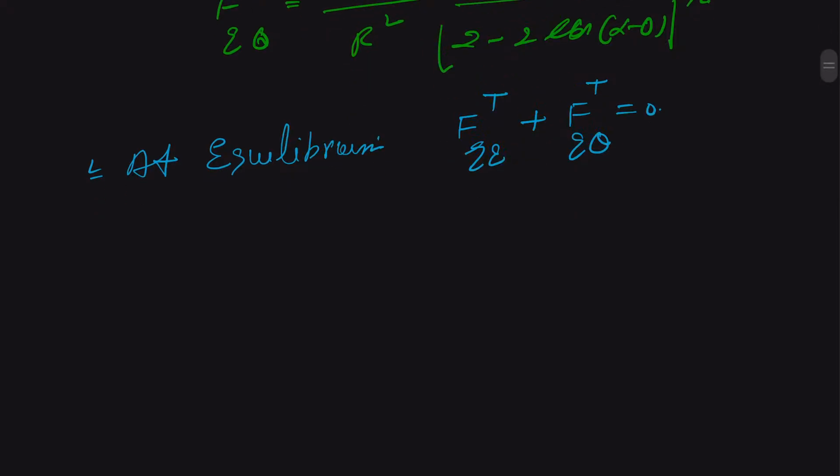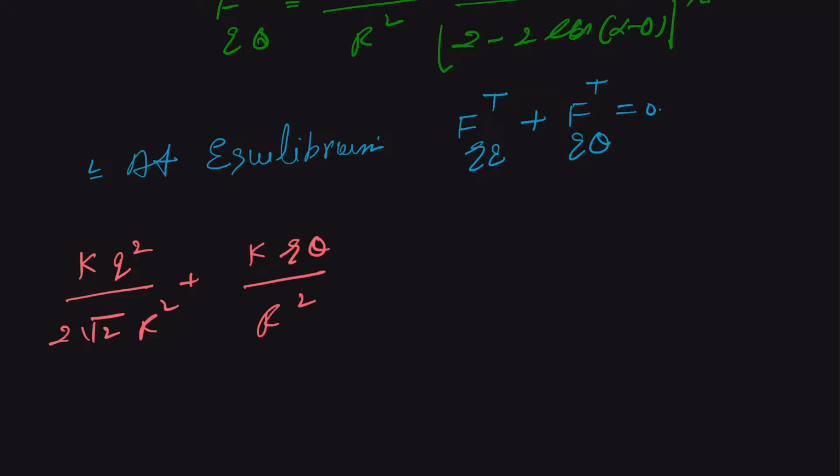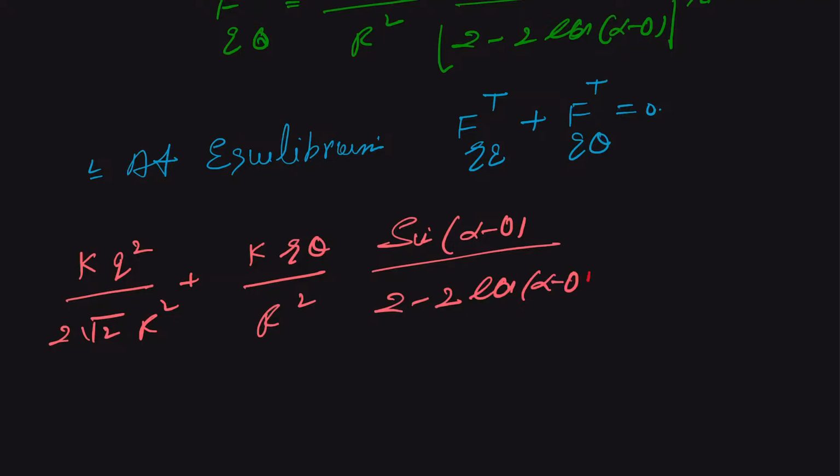Now we simply substitute their respective parts. So we get k q square upon 2 r square plus k q Q over r square, and this comes as sine of (alpha minus theta) over (2 minus 2 cos of (alpha minus theta)) to the power 3/2, is equal to 0.